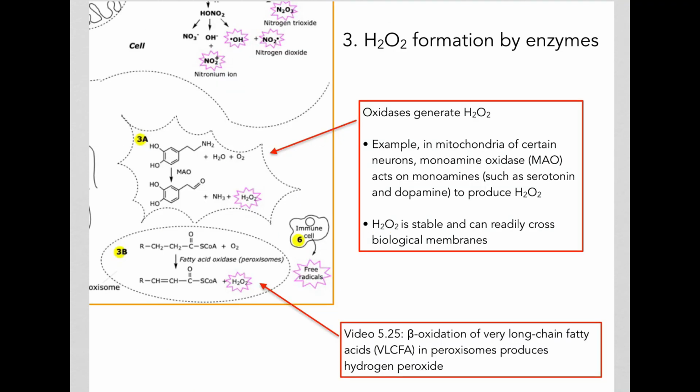There are also several enzymes that can generate hydrogen peroxide, for example, oxidases. In the mitochondria of certain neurons, there's an enzyme called monoamine oxidase, MAO, and these monoamine oxidases react with monoamines such as serotonin and dopamine, resulting in the production of hydrogen peroxide.